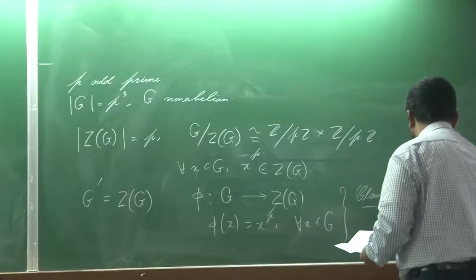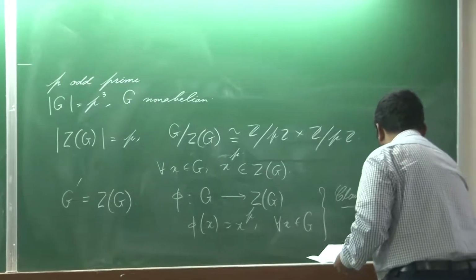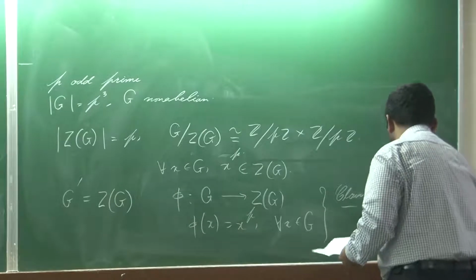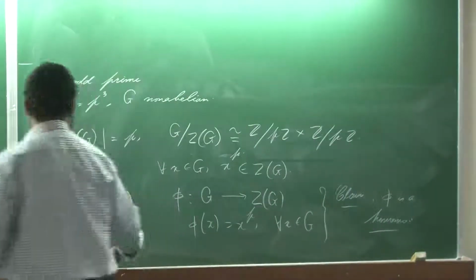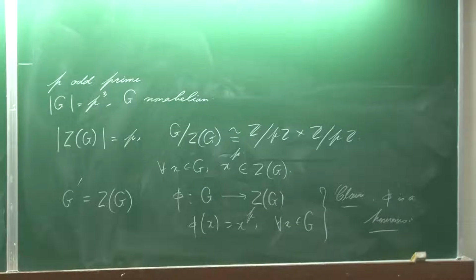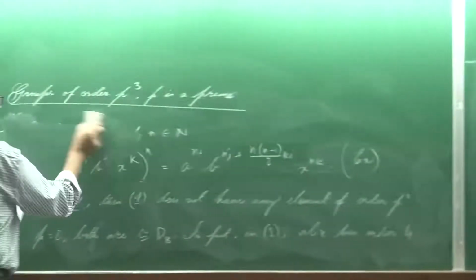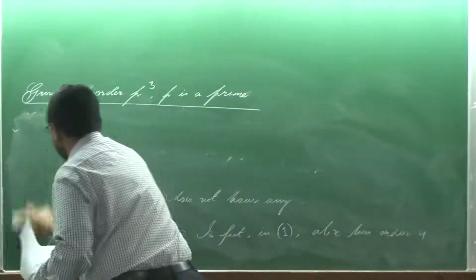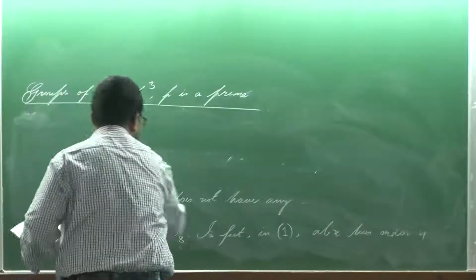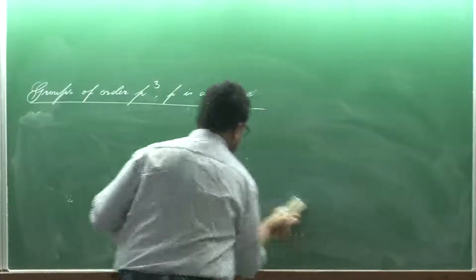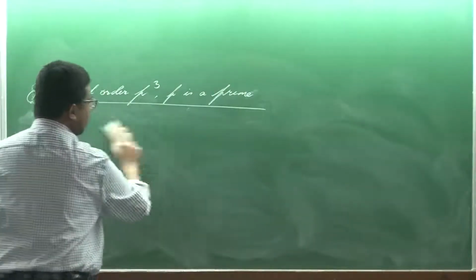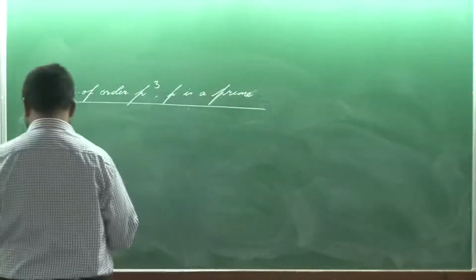Claim: phi is a homomorphism. Showing phi is a homomorphism is actually easier. In fact, it follows from a general observation regarding commutators, which you can find in Dummit-Foot as an exercise. However, let me just state that here, and it will be left to you as an exercise, because this is just a simple straightforward induction proof.